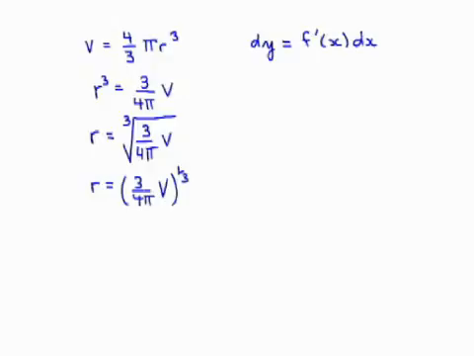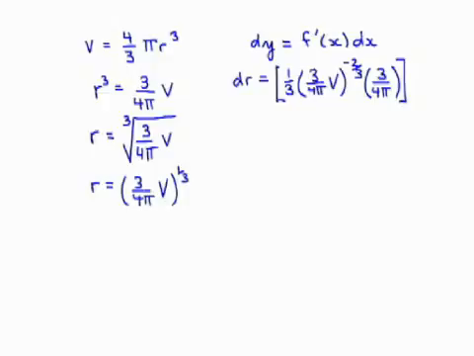So when we use that formula, we obtain that dr is equal to 1/3 times 3 divided by 4 pi times V, all raised to the negative 2/3, multiplied by 3 divided by 4 pi. I obtained that derivative by using the chain rule. And then I have to multiply that derivative by dV.